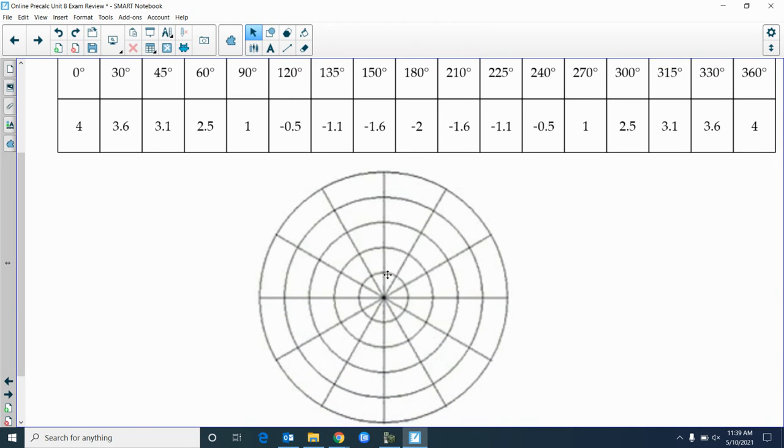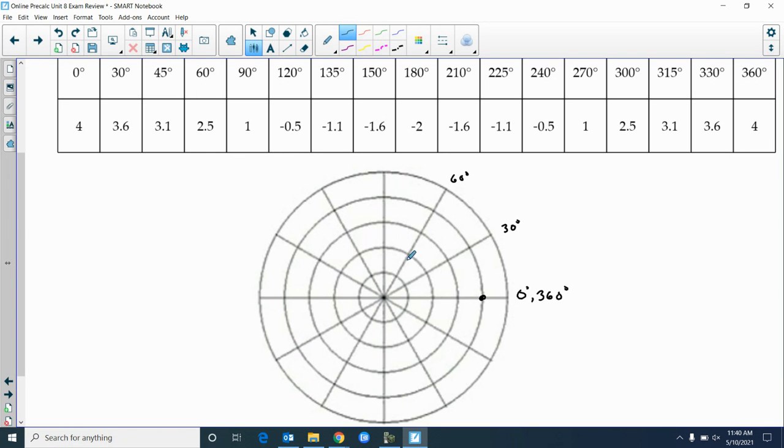These again are going to be 30-degree spokes: 30, 60, 90, 120, 150, 180, 210, 240, 270, 300, 330, back to 0 or 360. So at 0 degrees, the radius is 4. So that would be right here. And we're going to end up connecting them in a smooth curve.